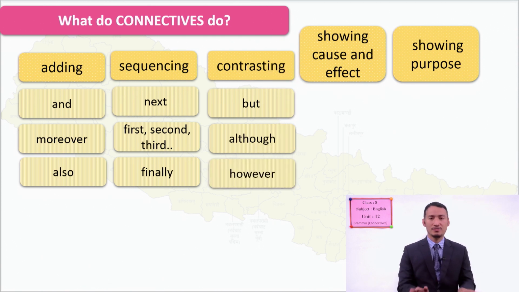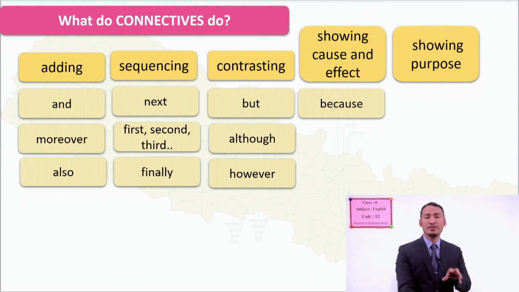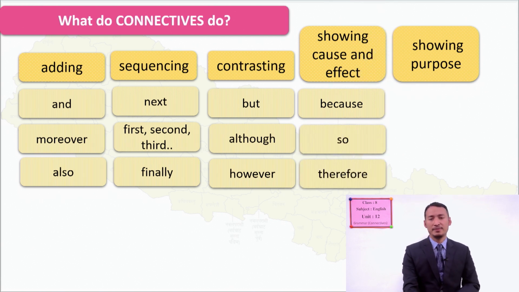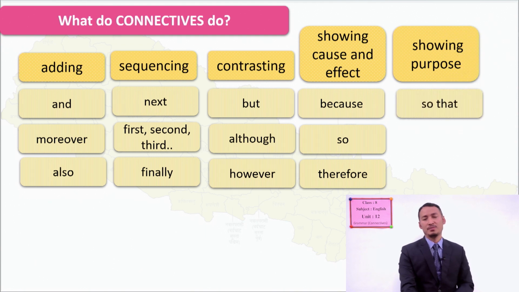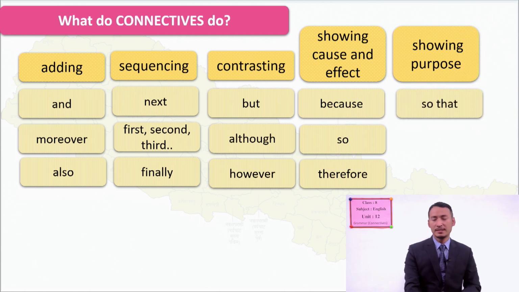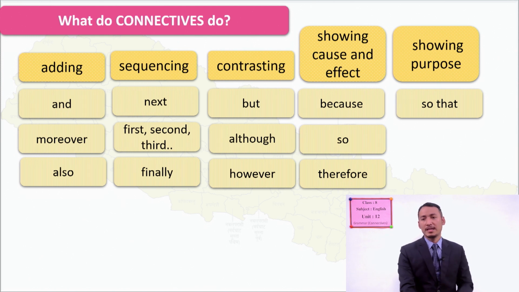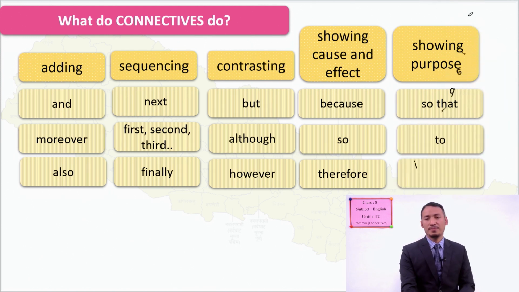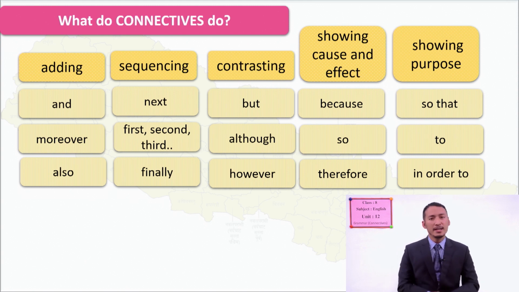These are all similar kinds of connectives. And showing cause and effect, what's the cause and what happened: because, so, therefore. And showing purpose, why you do something, what's your purpose, what's your aim: so that, to, in order to. Okay, we will see the examples and you will understand them better.